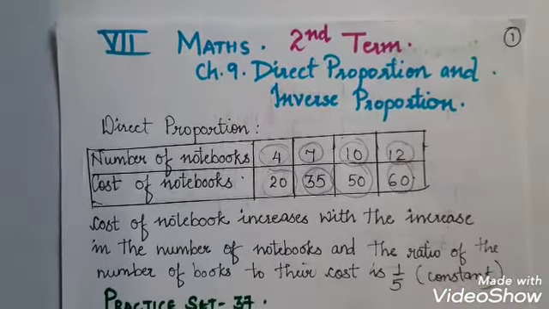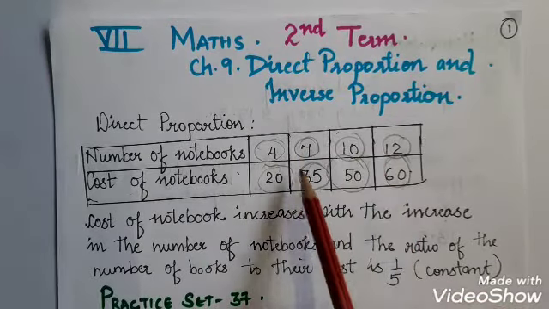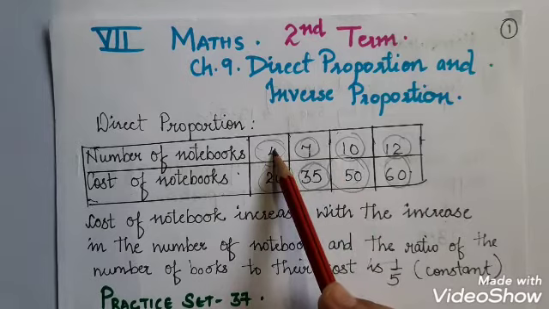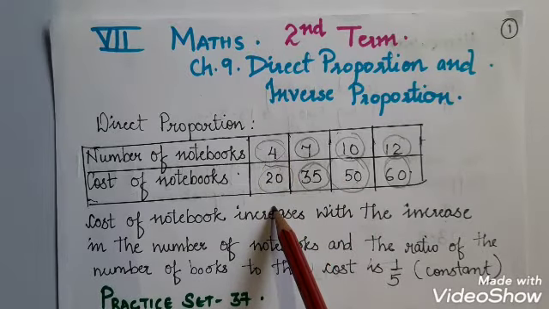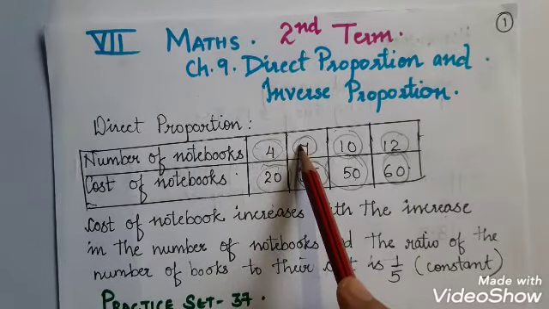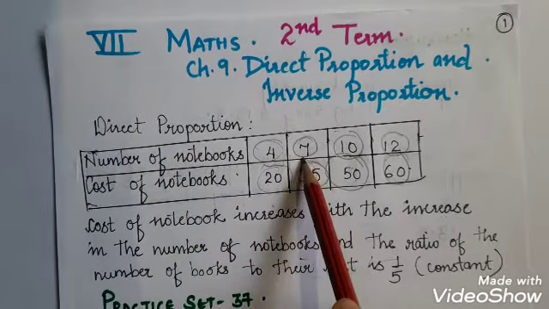So if you see, when the number of books goes on increasing, their cost will also increase. You can see here it was 4 notebooks, cost rupees 20. So the number was increased to 7, and the cost has also increased to 35.